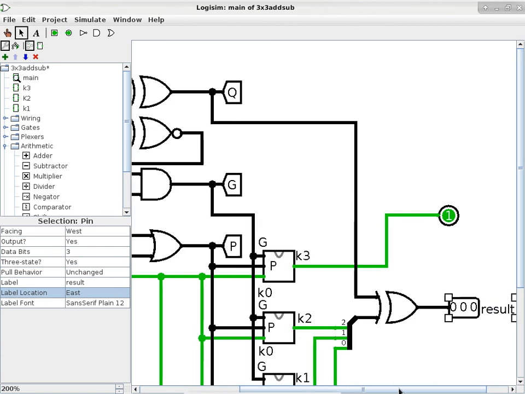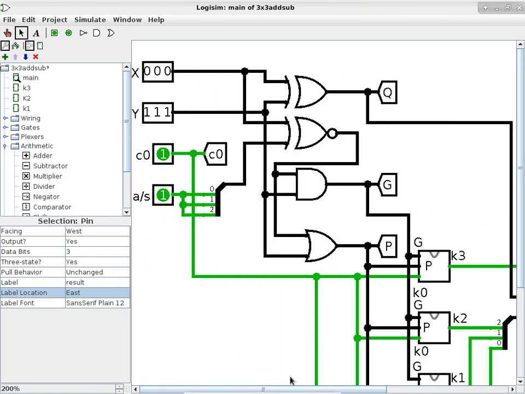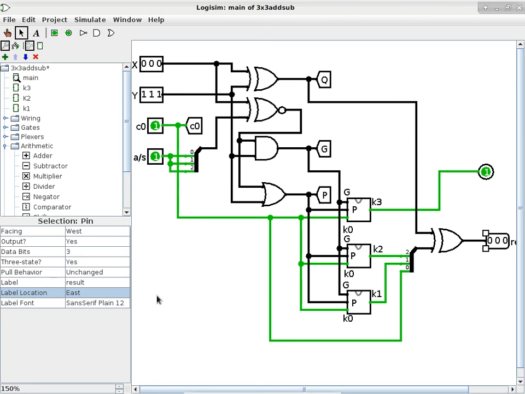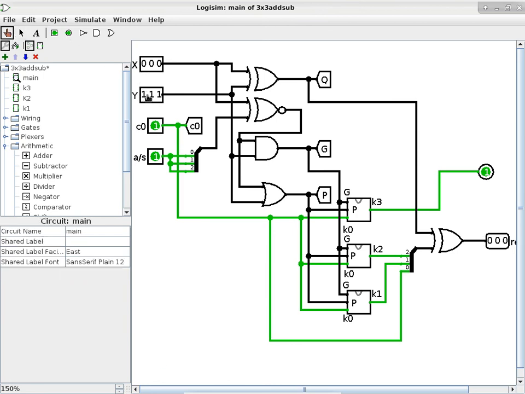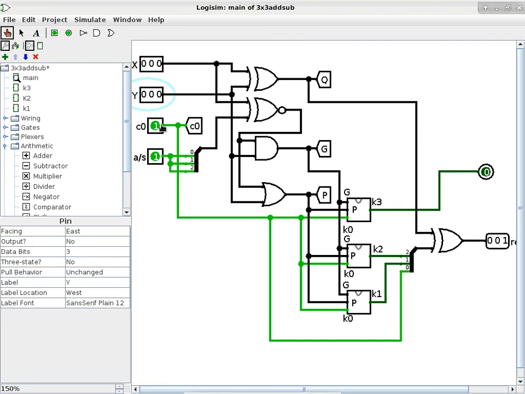Alright, so let me zoom out so we can actually look at the calculation, and we can just test it. How do you guys want to test this circuit? We can do addition or subtraction. This is a test already, because I'm specifying that we are subtracting 0 from 0 with a borrow in of 0, and the result is 0 with no overall borrow.